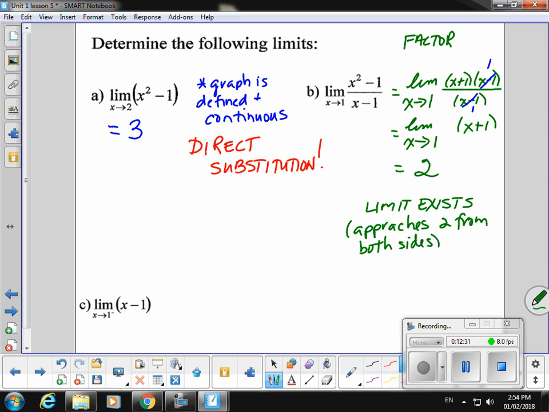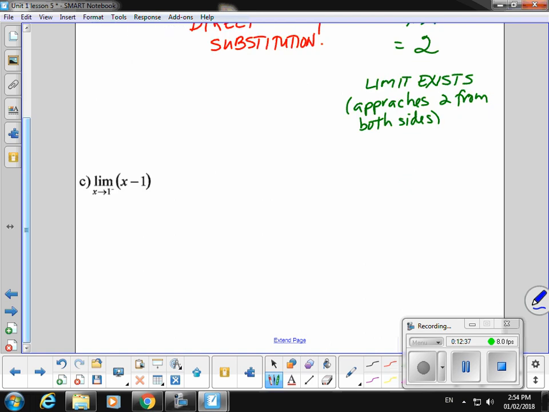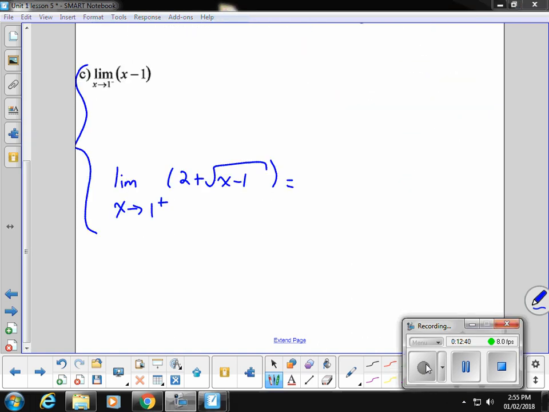Okay, and the last one. This piecewise. For the piecewise, if we are approaching the value of 1, which is where it was defined differently, if I'm coming from the left, I am using this piece of the function. And if I do a direct substitution, I get a value of 0. For the right side limit, as we come in from the right, we were on the curve because it was defined that way.